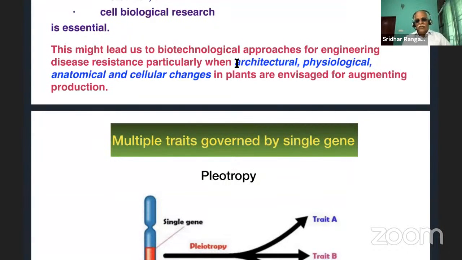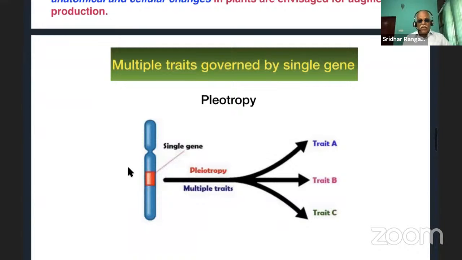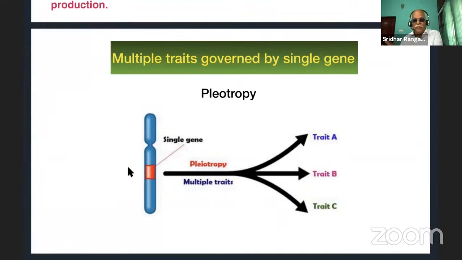At the same time, we will take up three examples, which I have chosen because these genes express pleiotropy. Pleiotropy, you know, is a genetic character where a single gene governs more than one trait. We have read during Jacob and Monod's protein chemistry that a single gene produces a single protein, and that single protein has a definite specific activity.